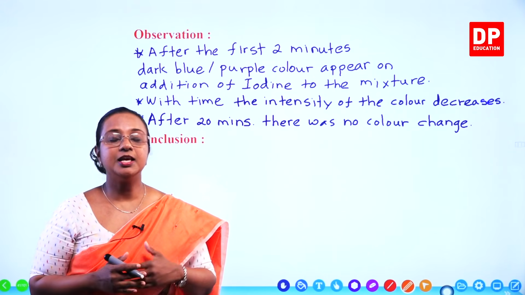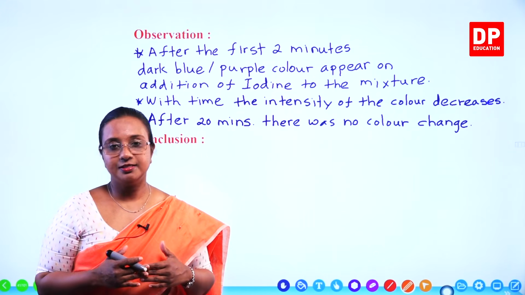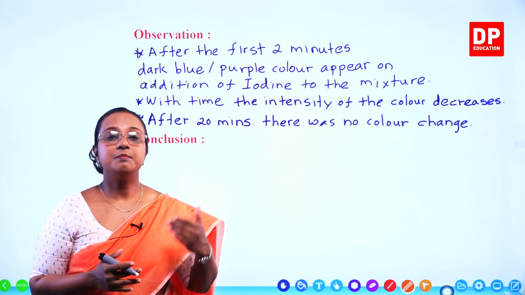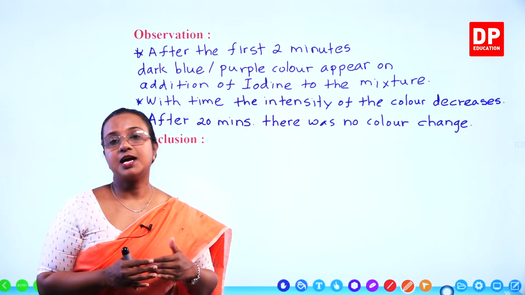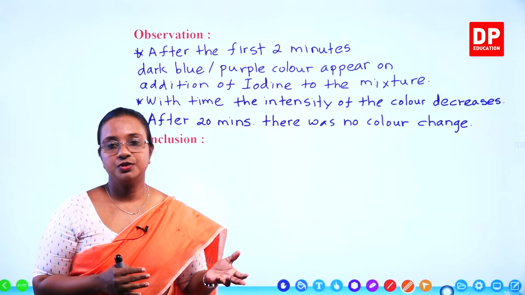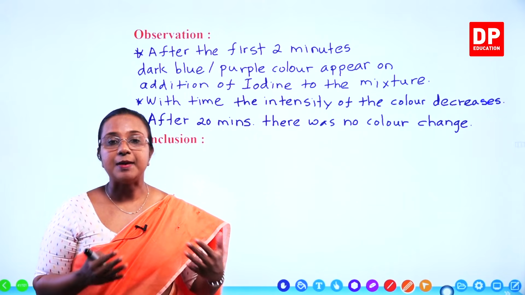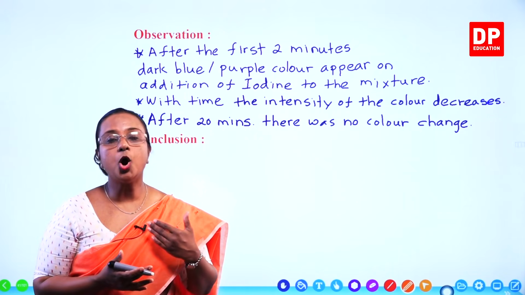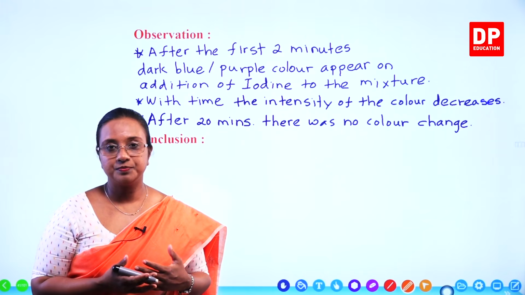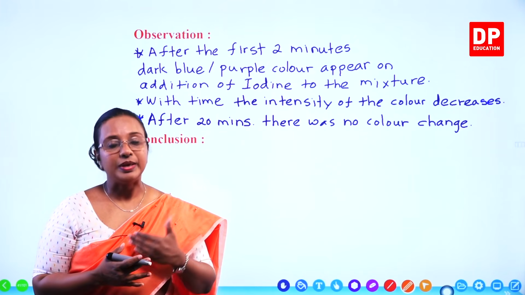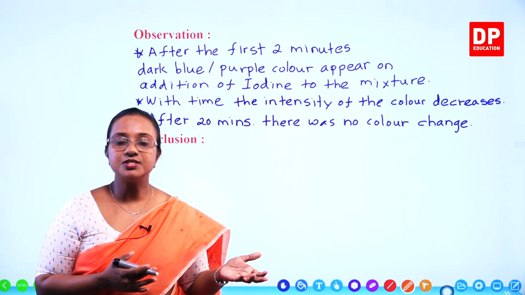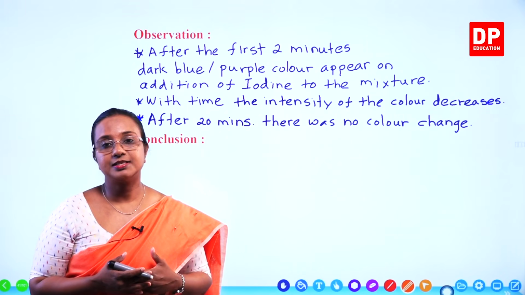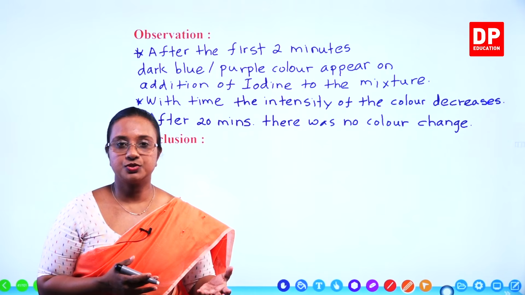And finally, there was no starch in the reaction mixture because it had been completely hydrolyzed to maltose. So you don't see the appearance of a purple or dark blue color. From this, we can conclude that amylase acts on starch and hydrolyzes it to maltose.